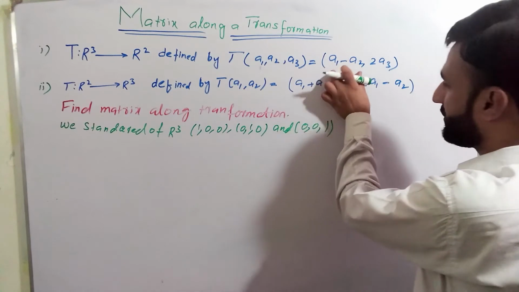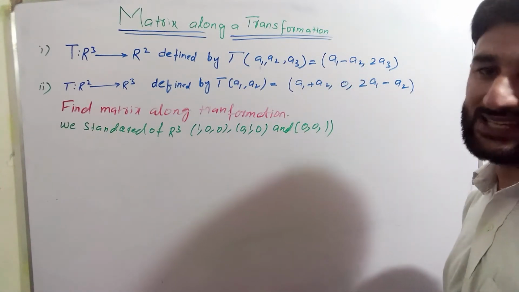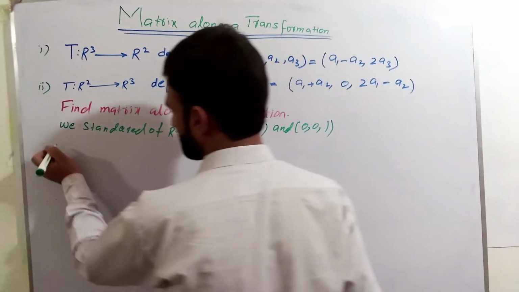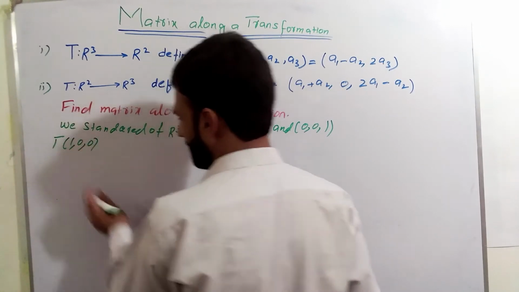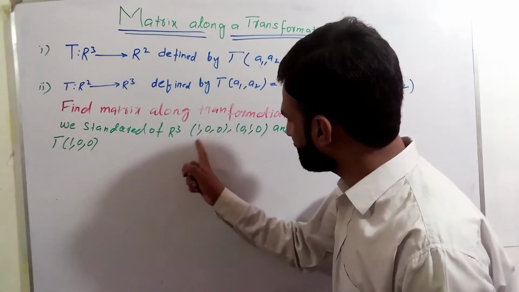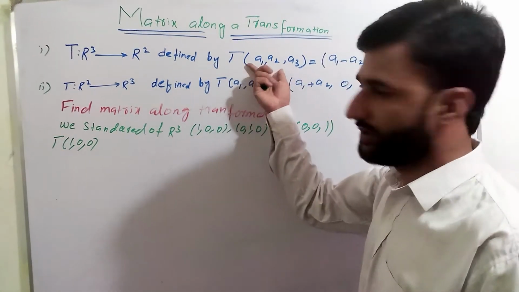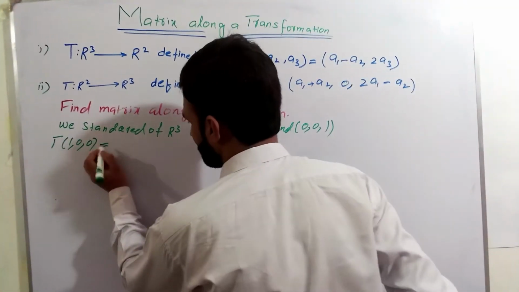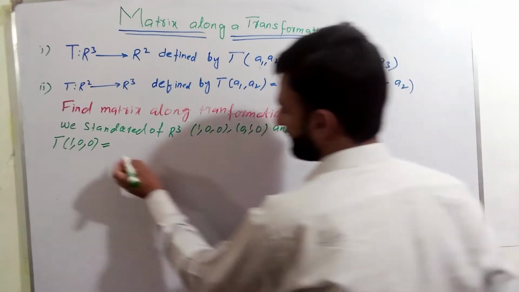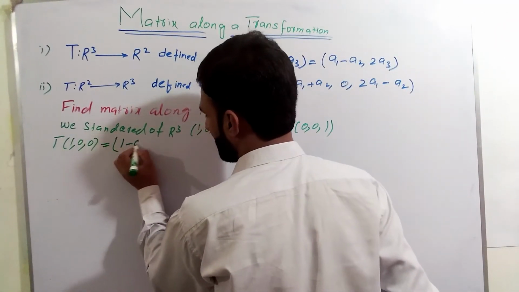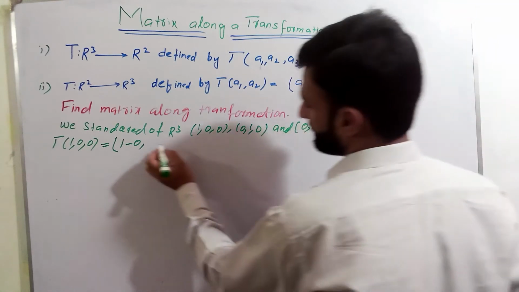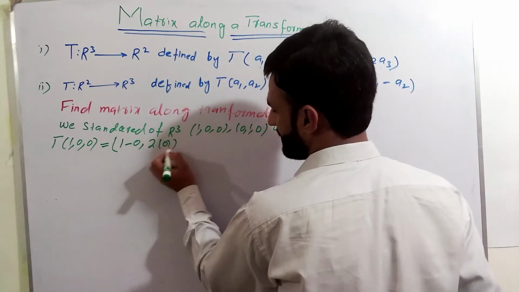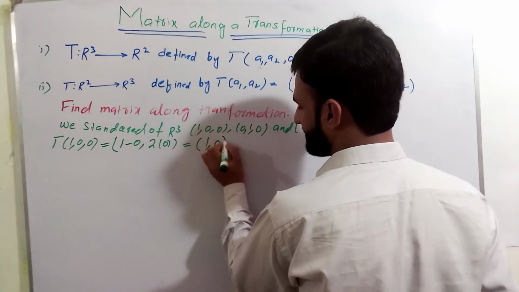What will be obtained on the right side of the expression? Here, if you notice, 1 minus 0, and here is 2 into 0. So we will obtain 1 and 0.